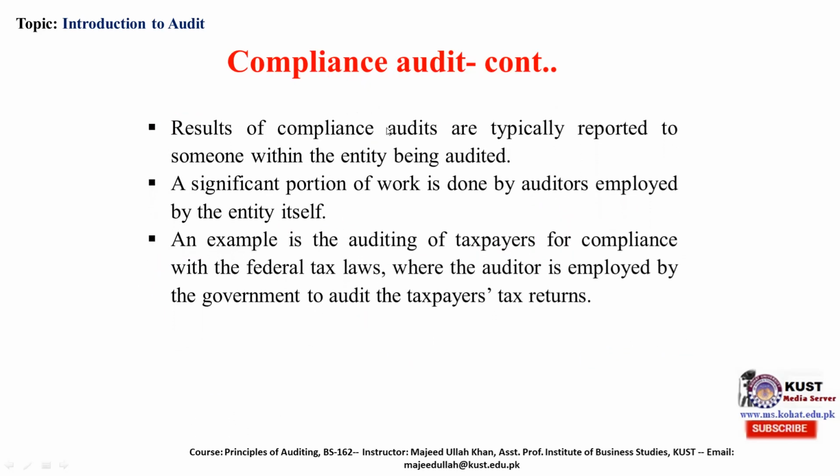Results of the compliance audit are normally reported to someone within the entity being audited. So the report of the compliance audit is not given to any external person, not to the shareholders, or to any other stakeholder.